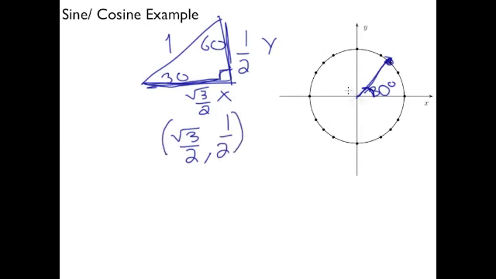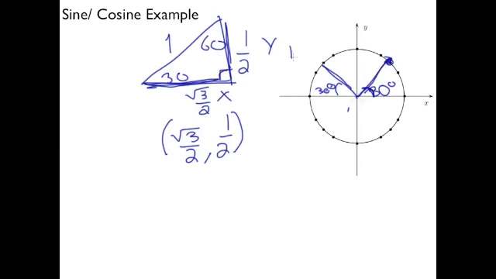Now, what would this be here if this was 30 degrees too? So whatever this would be here, so 120.